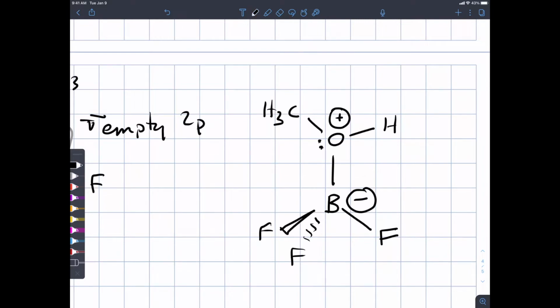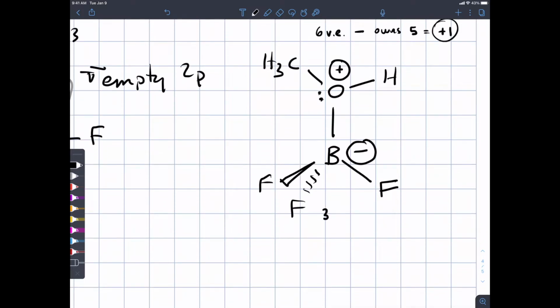So oxygen usually has 6 valence electrons, but it only owns 2, 3, 4, 5. So that's where we get the +1 charge. Similarly for boron, boron usually has 3 valence electrons. Here it owns 1, 2, 3, 4, and that's where we get the -1 charge.